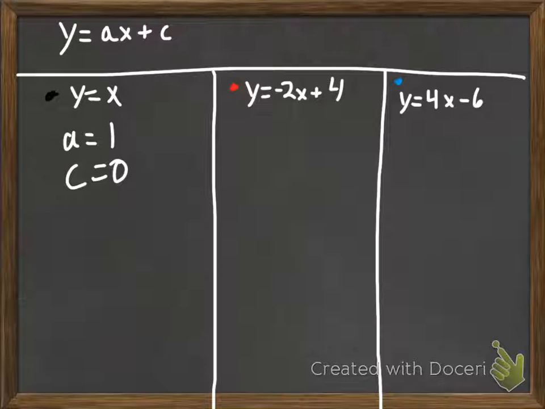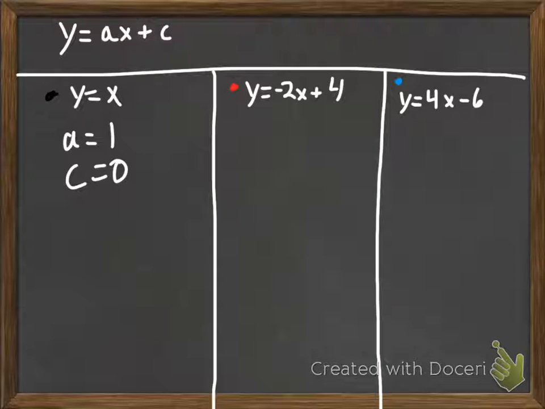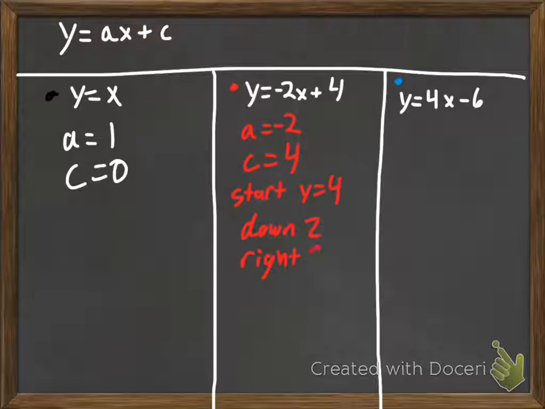So our red one, and you'll see that the y equals x is already here. Our red one, y equals negative 2x plus 4. So our a is negative 2, and our c is positive 4. So that means we're going to start at y equals 4, and then we're going to go down 2, right 1.